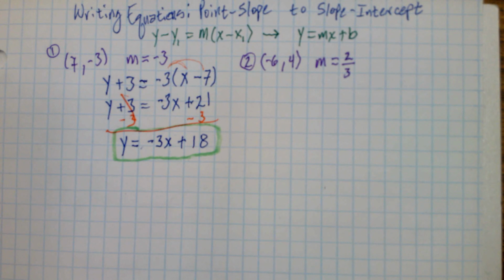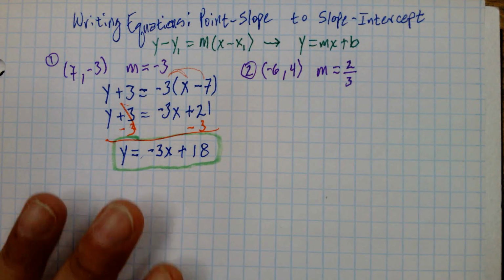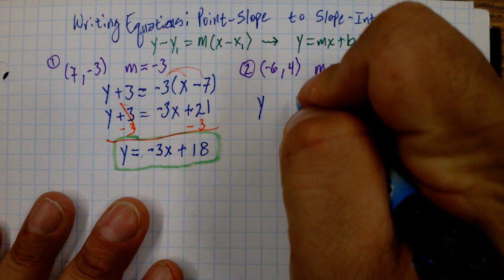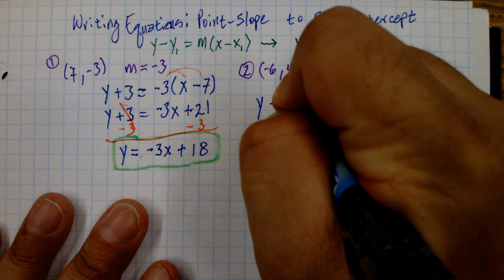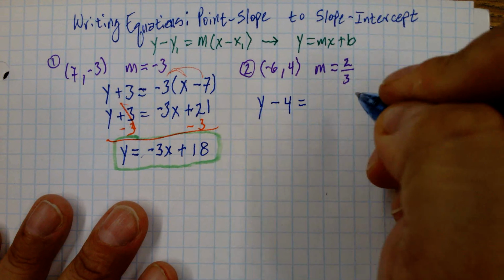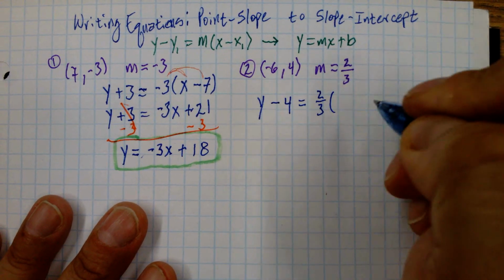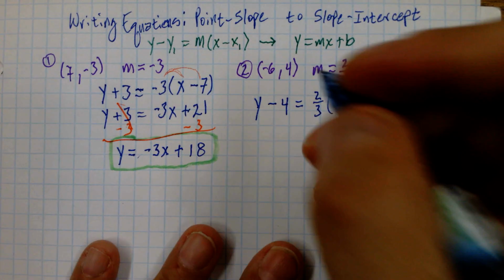First thing we have to do is rewrite this in point slope form. So let's do that. Y is going to be -4 equals 2/3 parentheses x plus 6.